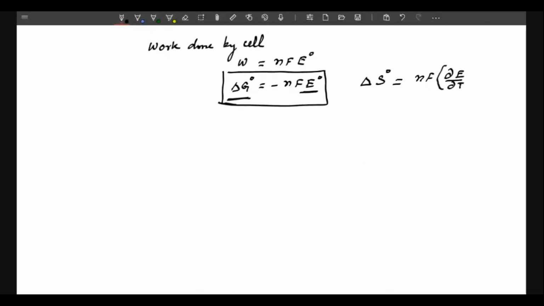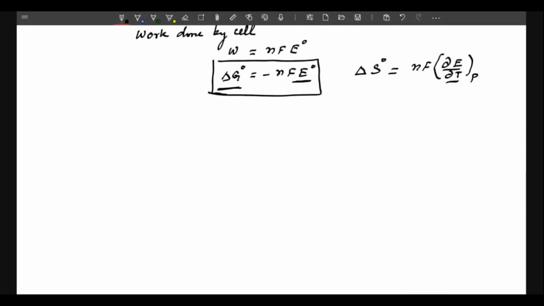That is, at constant pressure, the partial derivative, the difference in the EMF of the cell at two different temperatures, and dT is the temperature difference between the two conditions at constant pressure. This parameter we call the temperature coefficient of the cell EMF.